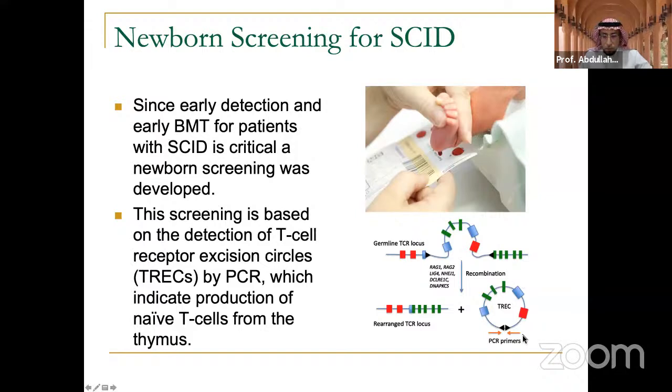So the presence of these circles would indicate active proliferation and production of naive T cells, and the lack of them would typically happen in patients with SCID and some other combined immune deficiencies, who will have a positive test. It's not currently available in the Kingdom, but hopefully it will be available in the future.